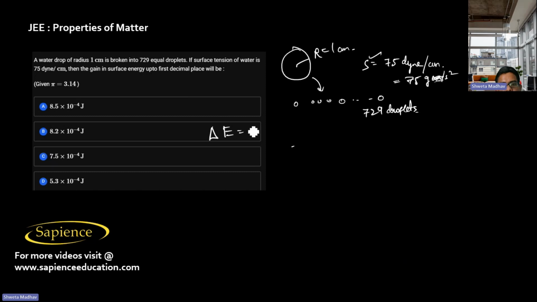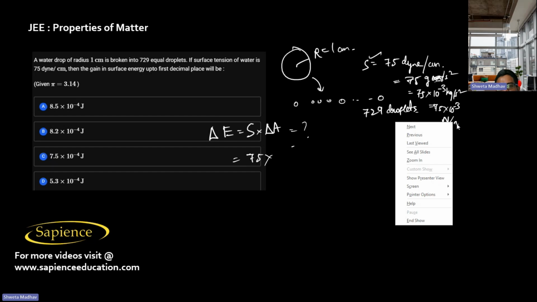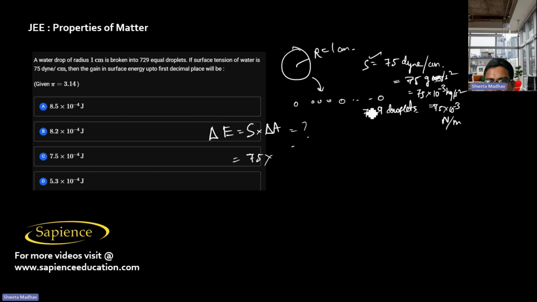that is given as S into delta A, the surface tension times the change in the surface area, that we have to find out. The surface tension is 75 gram per second square, means 75 into 10 power minus 3 kg per second square, or I can say 75 into 10 power minus 3 Newton per meter.